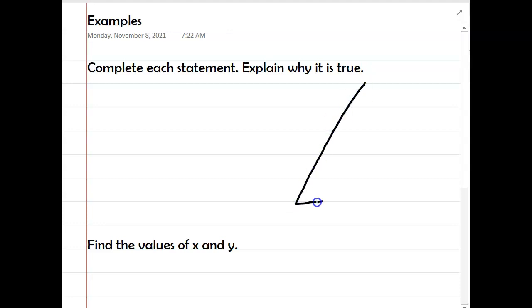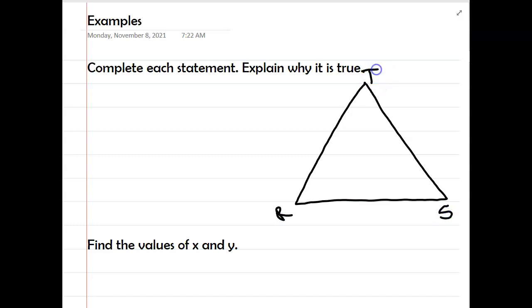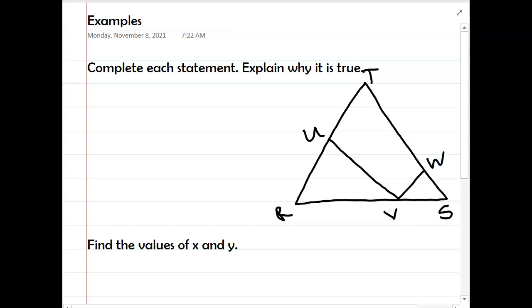So, let's draw a big triangle like this. We will call this triangle R, S, T. And then we're going to add a couple other lines here. So, let's draw a line in the middle down to here, and we'll label that U and V. And let's draw one more line right here, and we'll call that W. Okay, then I've got some other markings to add here.